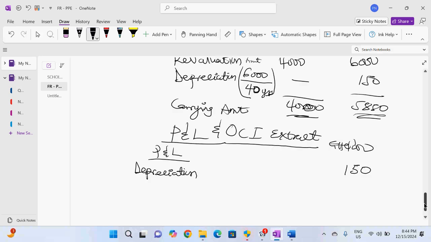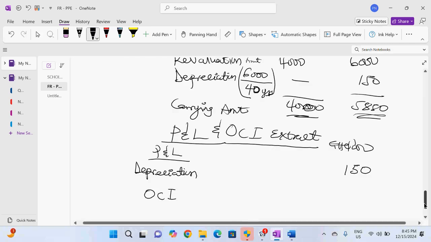What else goes into the P&L? Is that all for the P&L? Revaluation loss? Revaluation gain will come to the P&L. No, a loss. Do we have a loss? No. It means we have nothing apart from the depreciation.